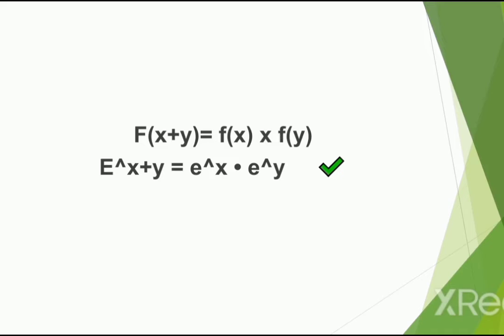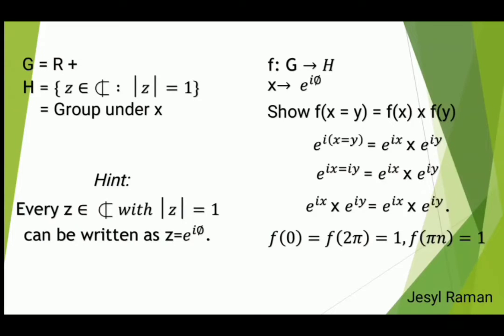So by the definition of f, this says that e to the x plus y equals e to the x times e to the y. This is true. This is one of the rules of exponents. So f is a homomorphism.